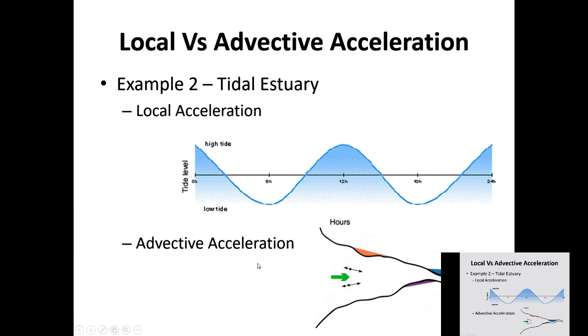The second example is for a tidal estuary. You have local acceleration here, and advective acceleration is in the estuary. This is due to the change in space. This is acceleration due to time, and this is acceleration or deceleration due to change in space.